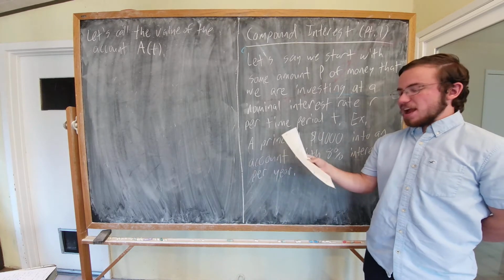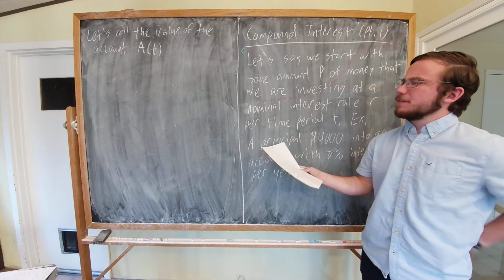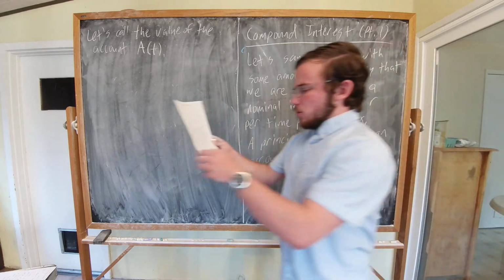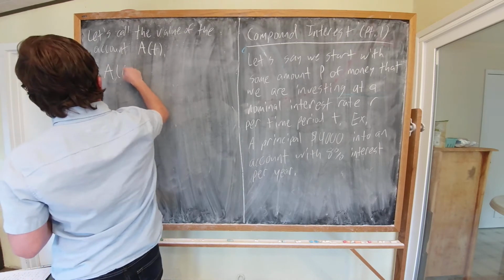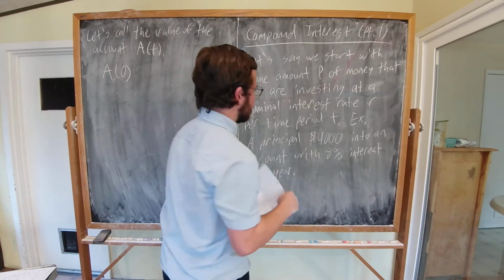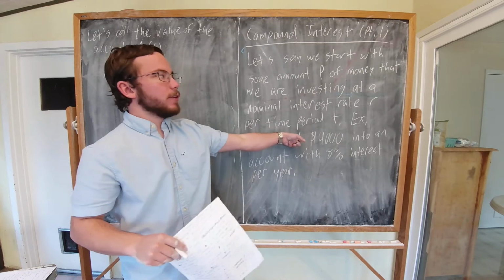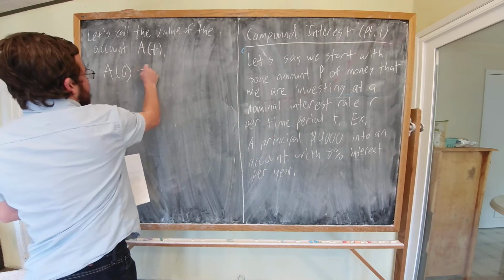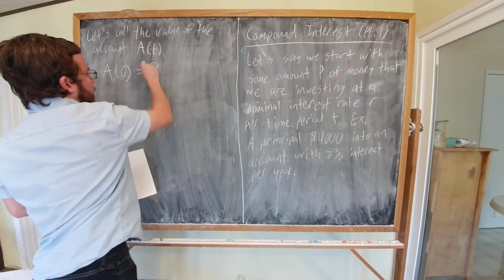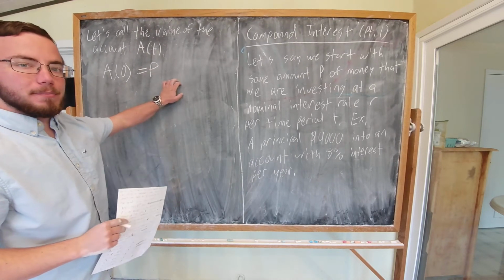So what is a good formula for A of t? Well, let's try to figure it out. Before any time passes, we have what we put in. We have the principal for the account, because that's what we're starting with. In other words, A of 0 is equal to P.